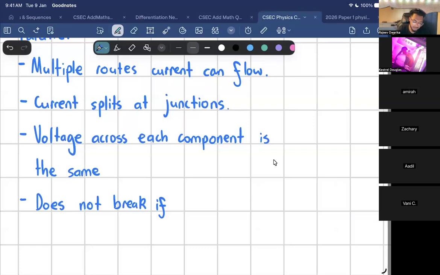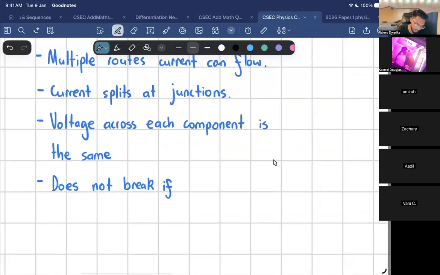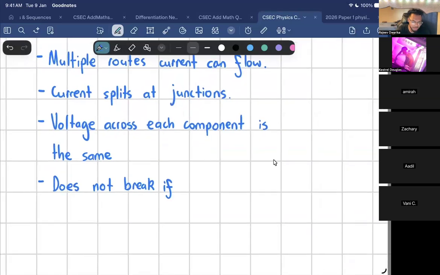That's like them Christmas lights. You know what I'm talking about? I think you understand it now, right? If one bulb blows in the Christmas lights, the whole thing goes, and that's because it's hooked up in series.